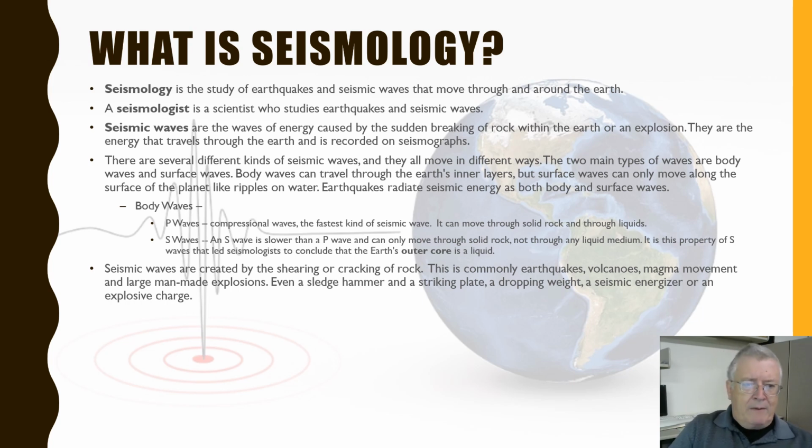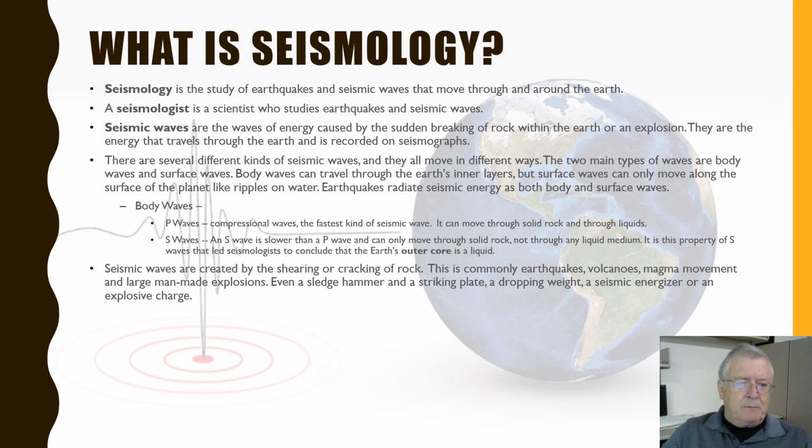So body waves are divided into two types of waves. P waves, or primary waves, are compressional waves, the fastest kind of seismic wave. P waves can move through solid rock and through liquids.